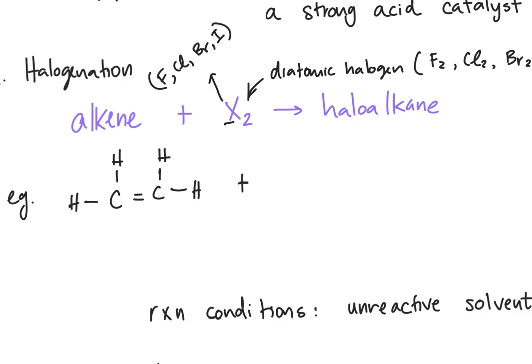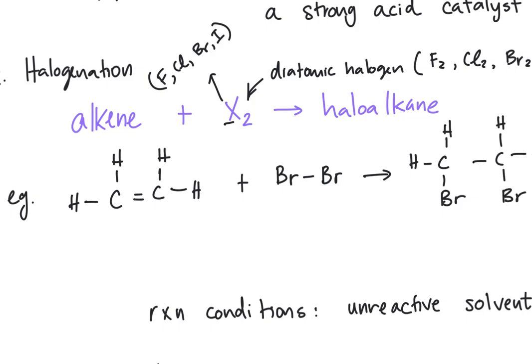If I pick, for example, bromine, so it's Br to a Br. I'm doing structural formula. And I get a haloalkane, which is going to look like this. I've got hydrogen, hydrogen, a Br here, another hydrogen, a hydrogen, and a Br here.